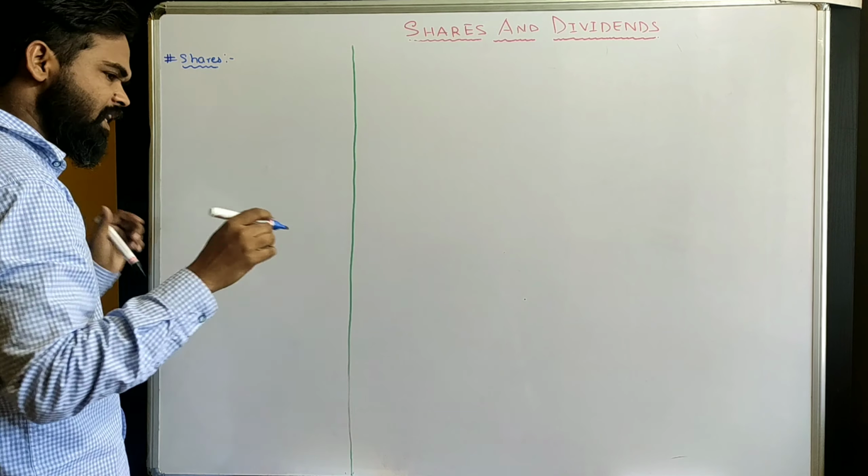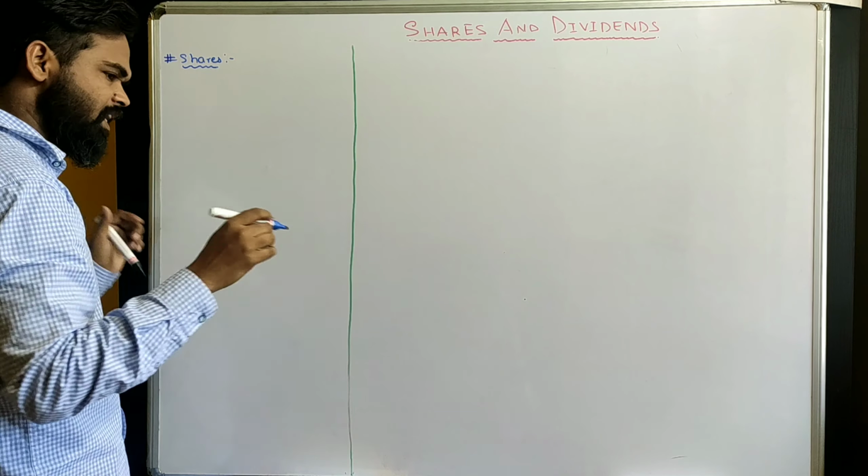Just substitute the values. So 150 equals number of shares, which we don't know, nominal value is 100, rate of dividend is 7.5, 500. So your number of shares is 150 by 7.5. That's how much? 20. So 20 extra shares he needs to buy so that his annual income increases by 150.